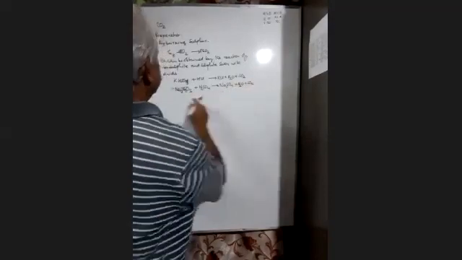Generally we prepare sulfur dioxide in the laboratory by this method, because it is not good to burn sulfur: the gas is very heavy, it will be difficult for you to breathe, and it is toxic also. So by this method we can prepare sulfur dioxide.